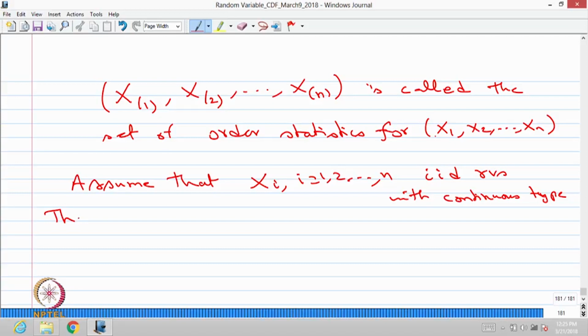I am going to give the result as the following theorem.